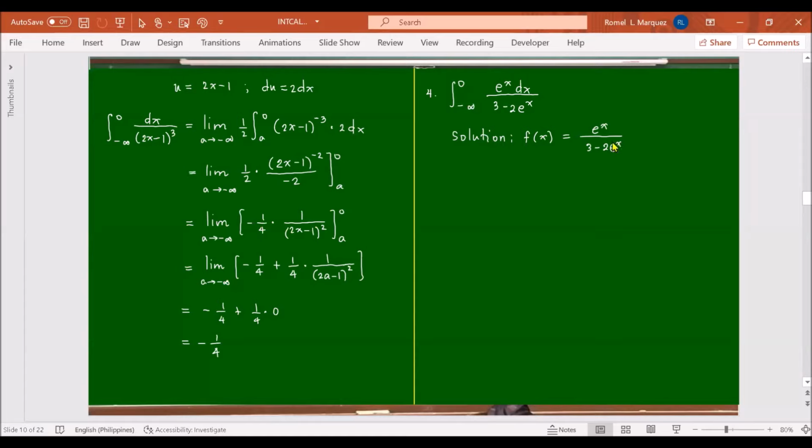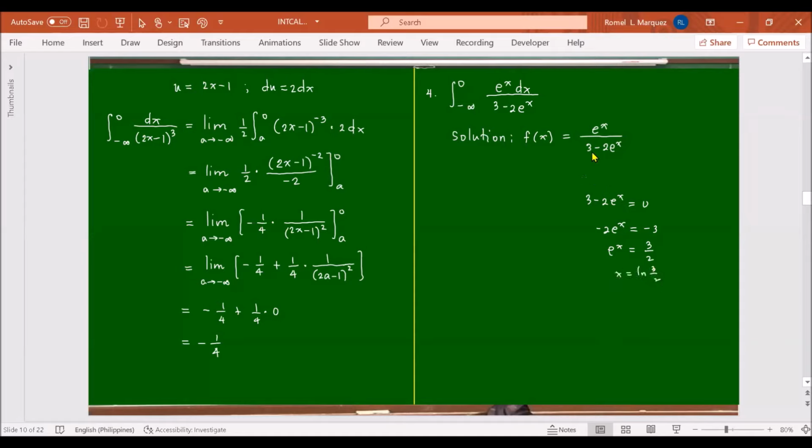The only point of discontinuity here is when x is what? If I equate the denominator to 0, we have negative 2e to the x is equal to negative 3. E to the x therefore is equal to 3 over 2. So x is ln of 3 over 2.